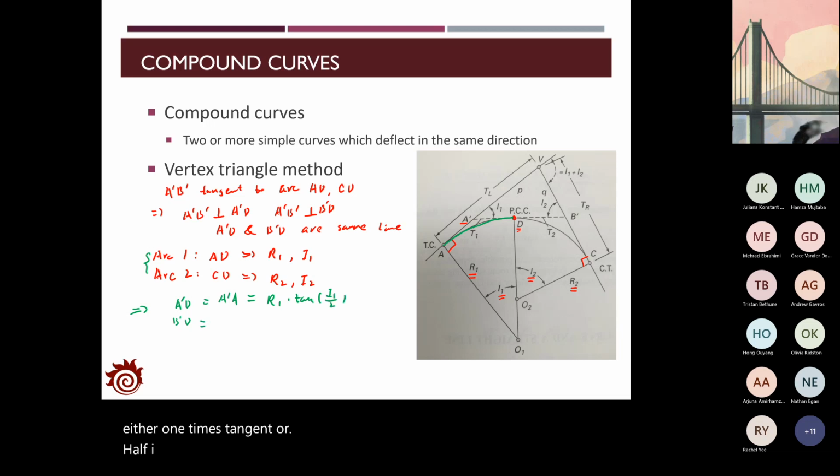Similarly, you can find the relationship of B prime to C. That is R2 times tangent of half I2.